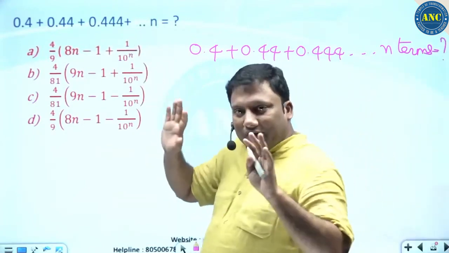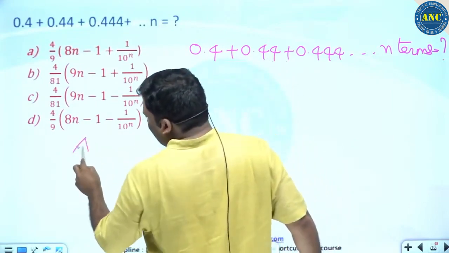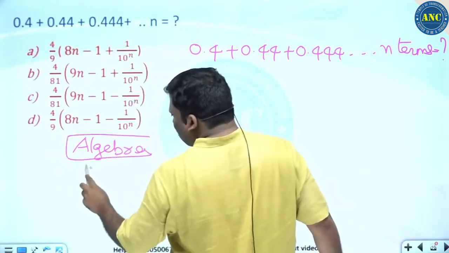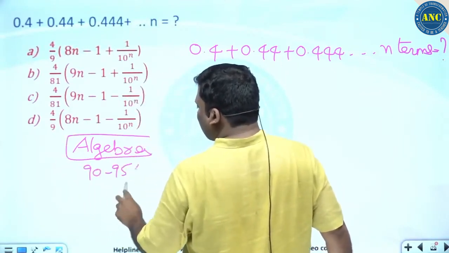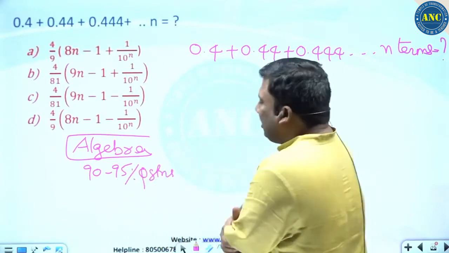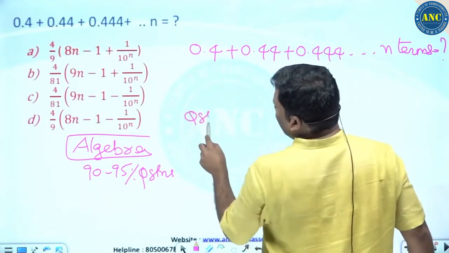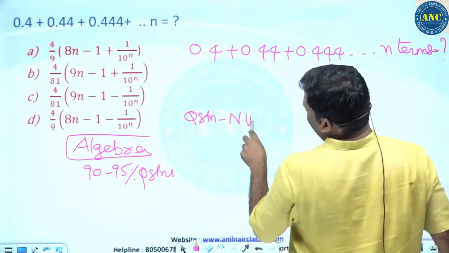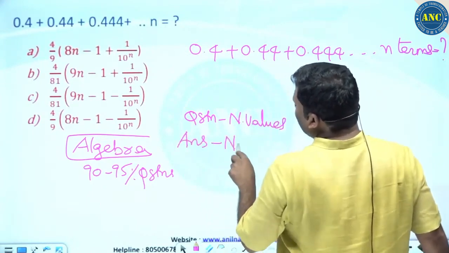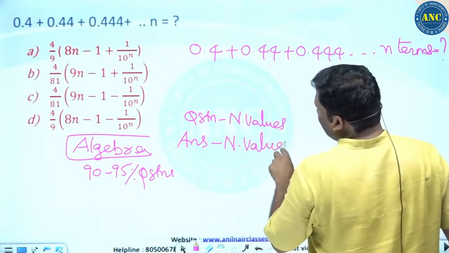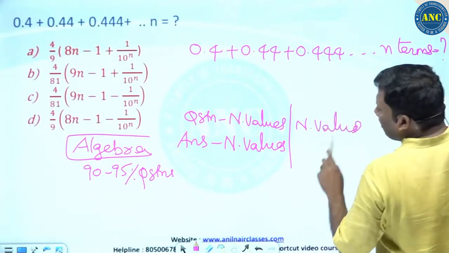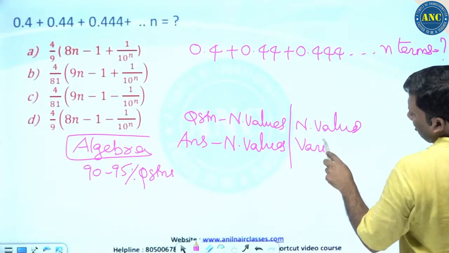If you get a question from algebra, 90 to 95% of the questions come under this category. Question contains numerical values, answer contains numerical values. Question contains numerical values, answer contains variables.